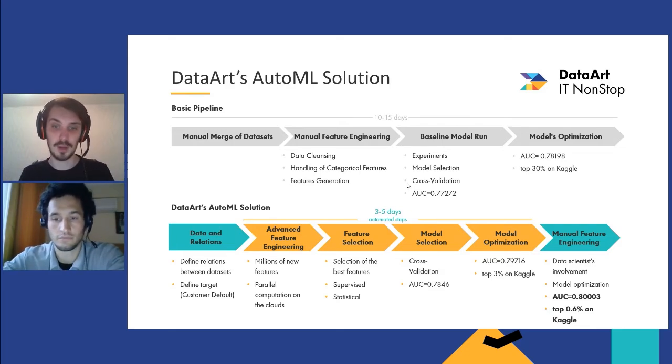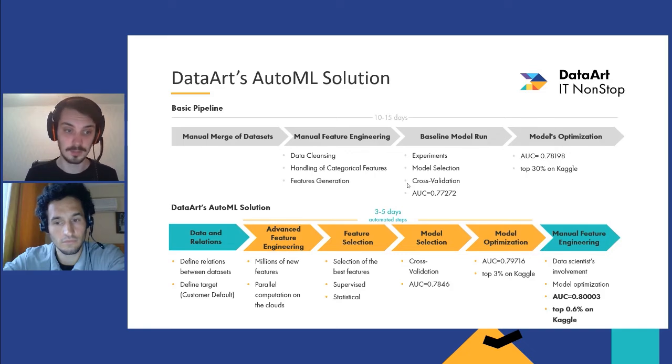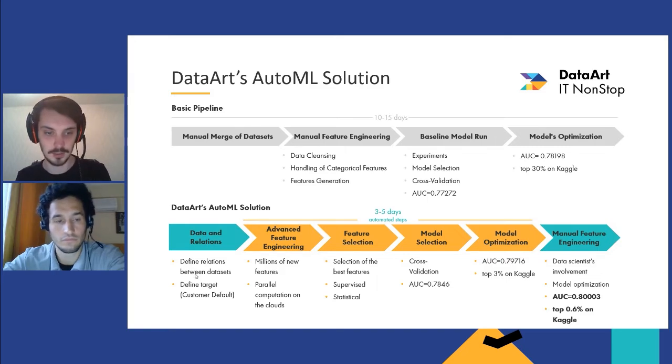But our pipeline has 4 automated steps and only 1 manual step, and it runs 3 to 5 times faster than the whole manual pipeline. So we are starting with 1 manual required step for data and relations specification. So we need to define relations between the data sets. We need to upload those data sets, define the target value.